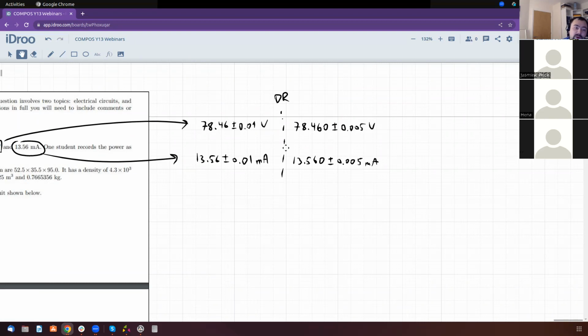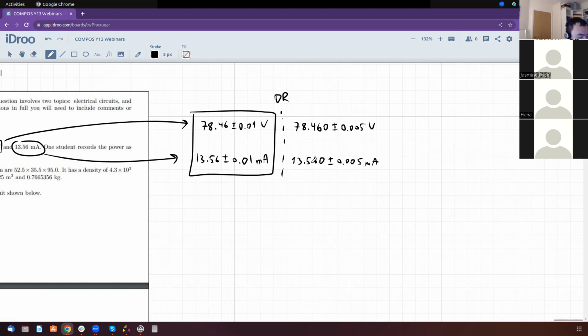I always tend to be extra cautious, and I go for the bigger uncertainty. I choose this over this, because this is a bit clunky: you have to add another significant figure, which is hard to justify in a way. Why? Well, you have 13.56, and now it becomes 13.560, because of the uncertainty.